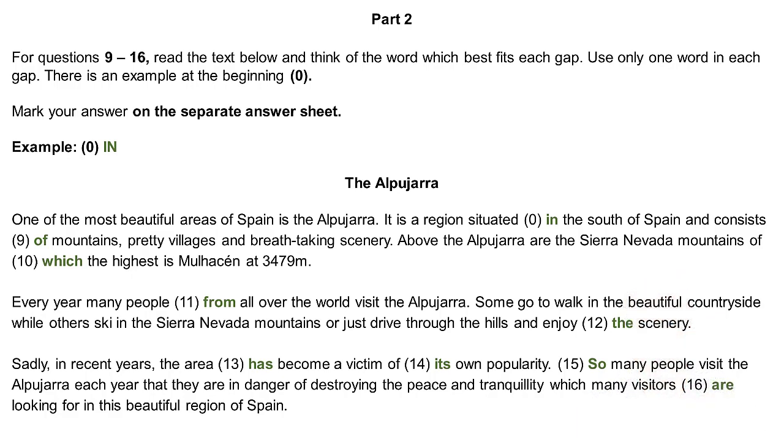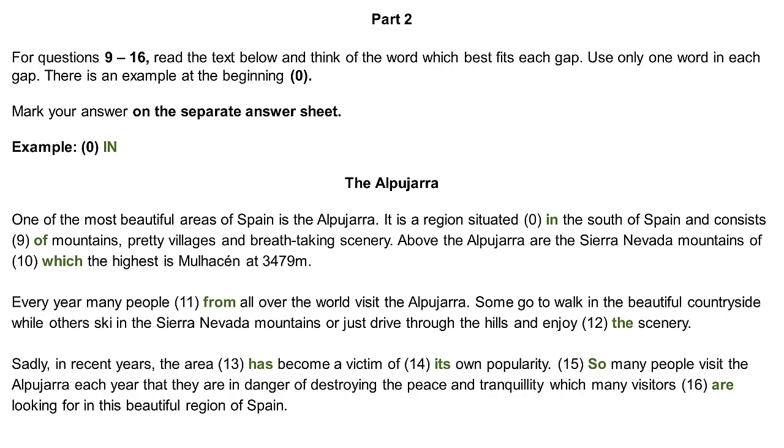Number 12, you can choose the or some. Both of those words will fit. Both are correct. We can say enjoy the scenery or enjoy some scenery. So well done if you got either of those words. Number 13, has become, present perfect. In recent years, the area has become, from the past until now. So an auxiliary verb.